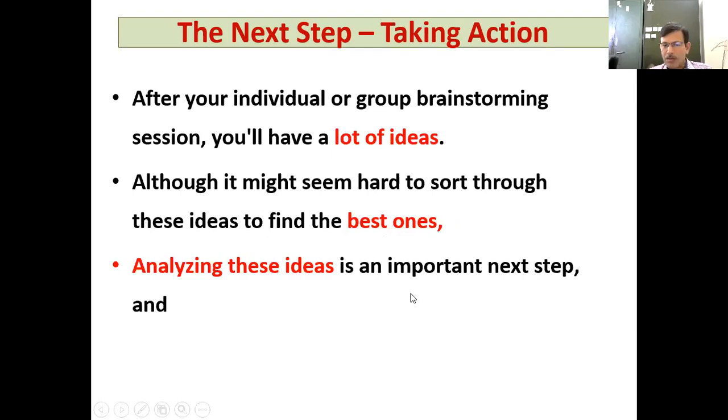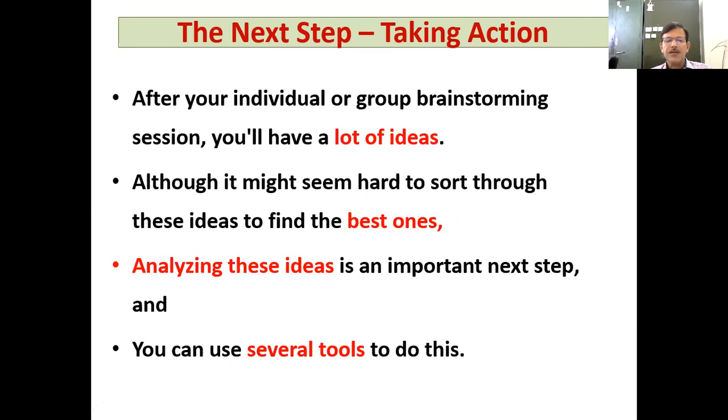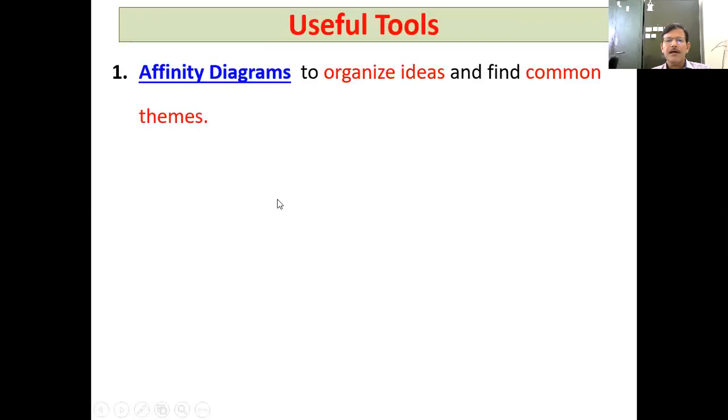You have to analyze one by one whether it is feasible or not, whether it is related to problem solving or not. Then you can use several tools for analyzing these ideas. For example, affinity diagrams are one tool to organize ideas and find common themes.